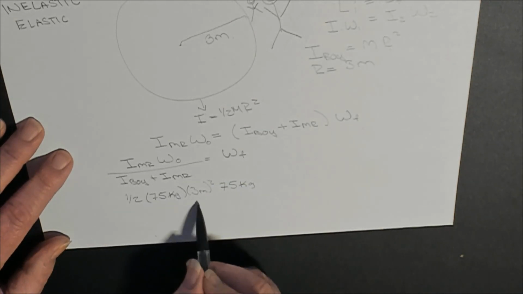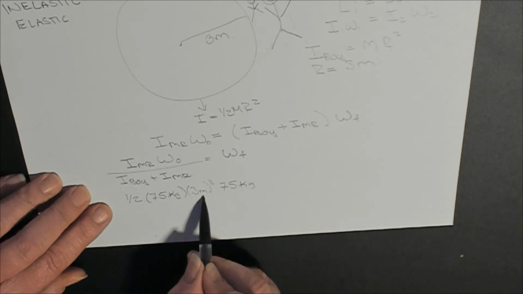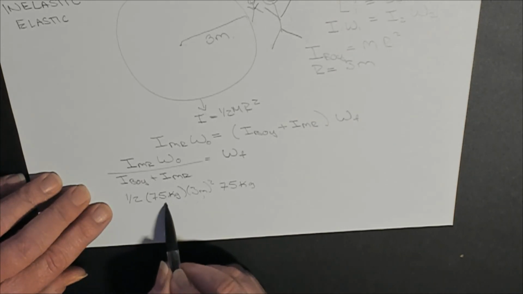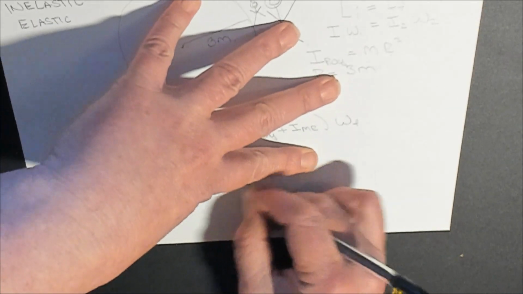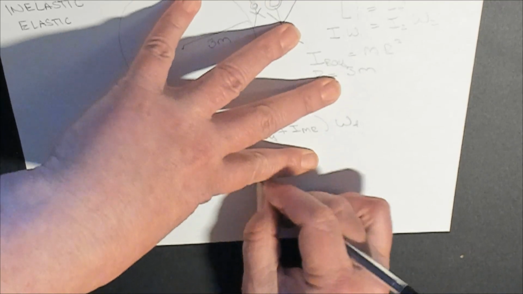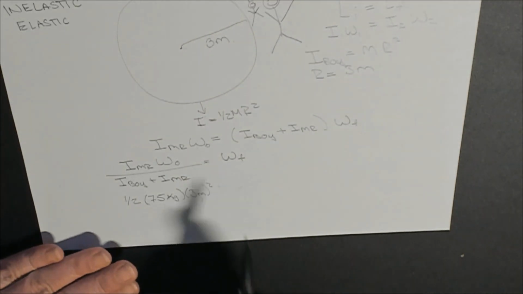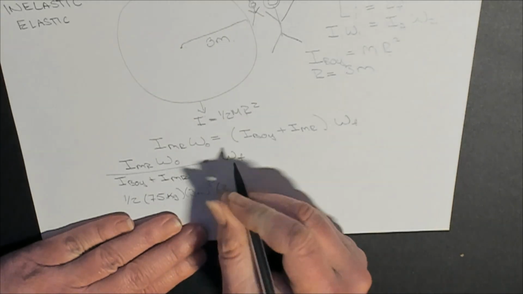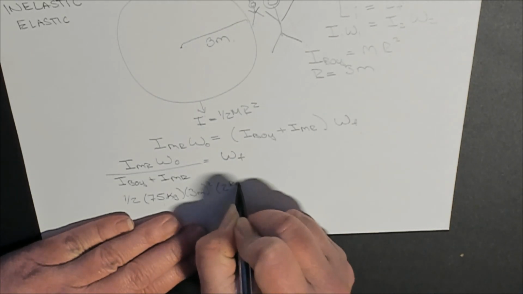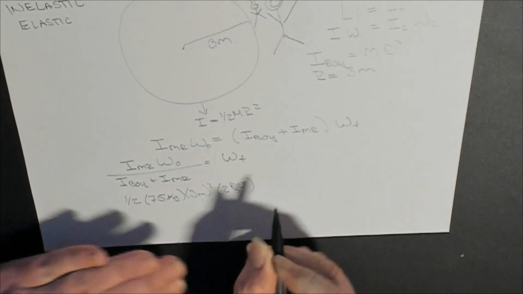So this is my I, 1/2 mr squared. Whoops, why did I do that twice? I don't know. Don't do that twice. And now my omega naught. So my rotation is 2 rotations per second. Cool.